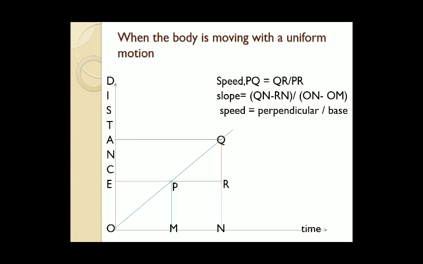Whenever you are going to calculate the slope, it is equal to the perpendicular for those 2 points upon the base for those 2 points. Here, for the line PQ, the perpendicular is QR and the base is PR. So, slope is equal to speed, and that is QR upon PR. So, if any graph is there, then you can calculate the slope.